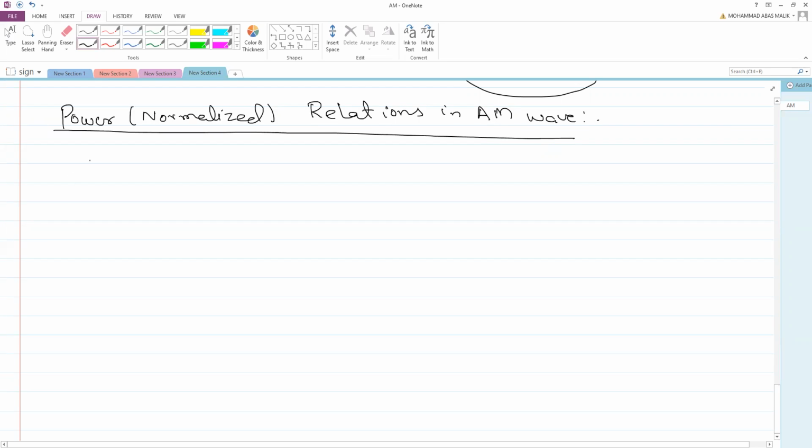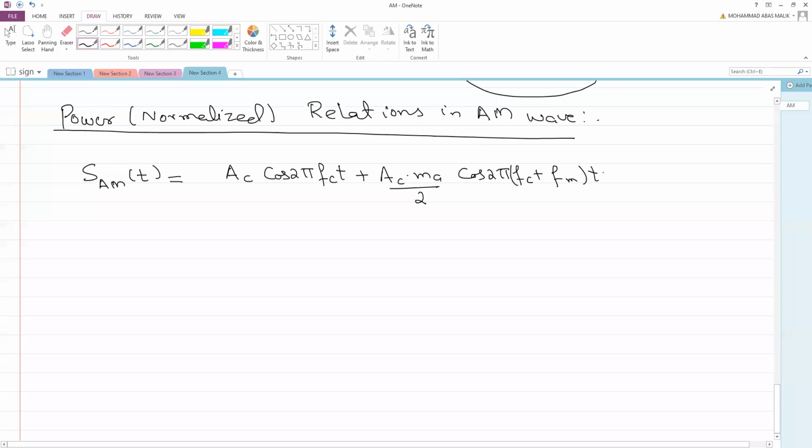Before going for the power, I will rewrite the standard form of the amplitude modulated wave. That is equal to Ac cos(2πfct), then plus (Ac ma/2) cos(2π(fc + fm)t), plus (Ac ma/2) cos(2π(fc − fm)t).